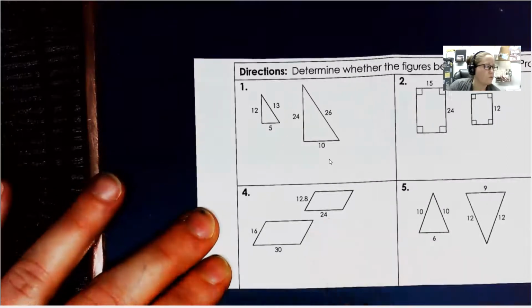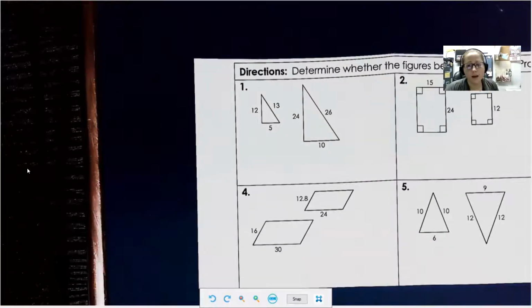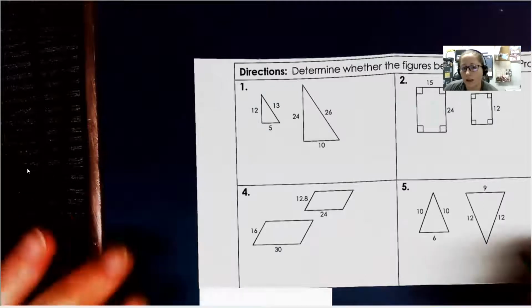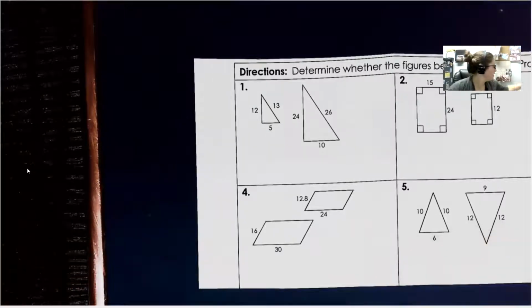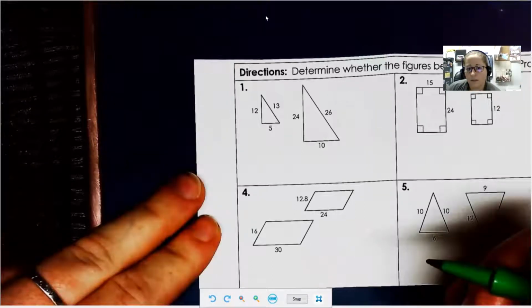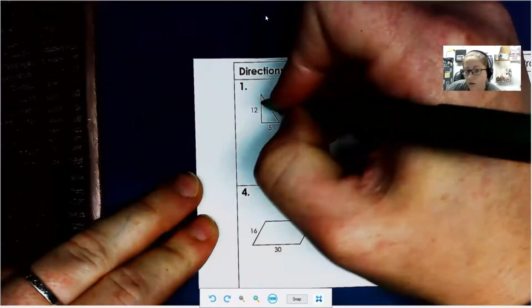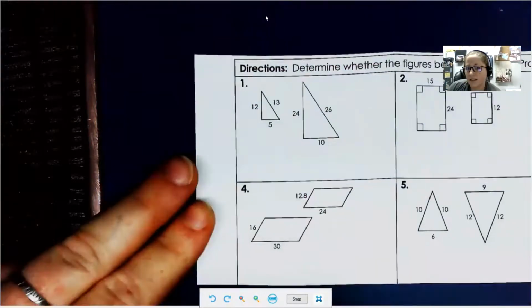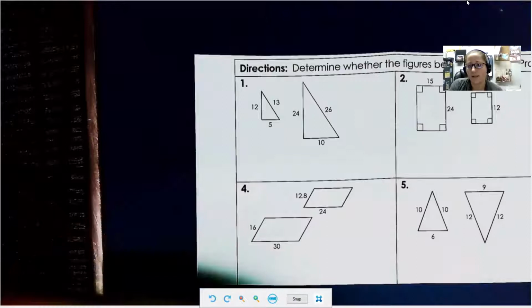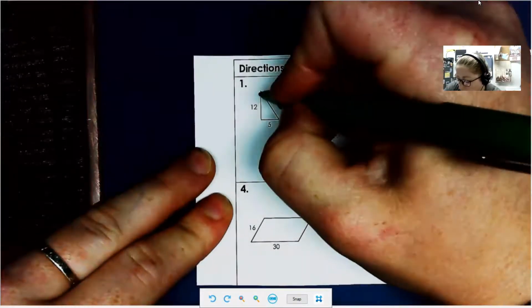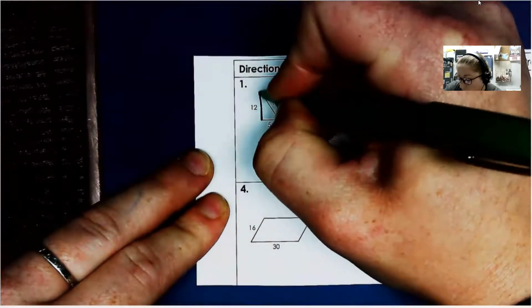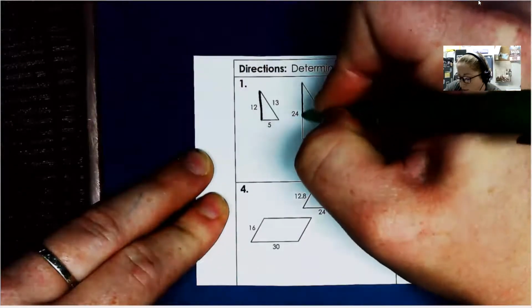In order to figure out if they're similar, we have to find the scale factor of the sides. So I'm going to get a couple different colors. The good thing is the orientations are the same, so we're just going to match these up by the side. This green side is going to match to this side.